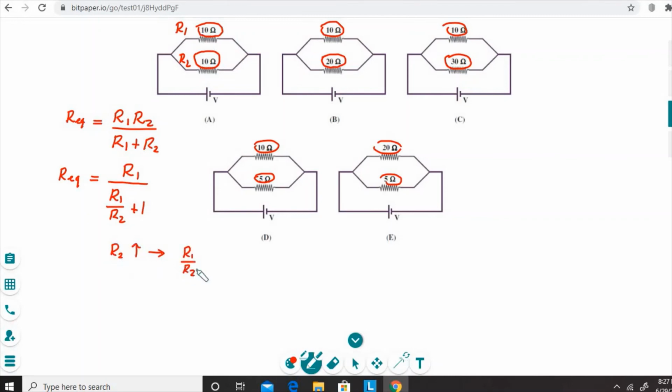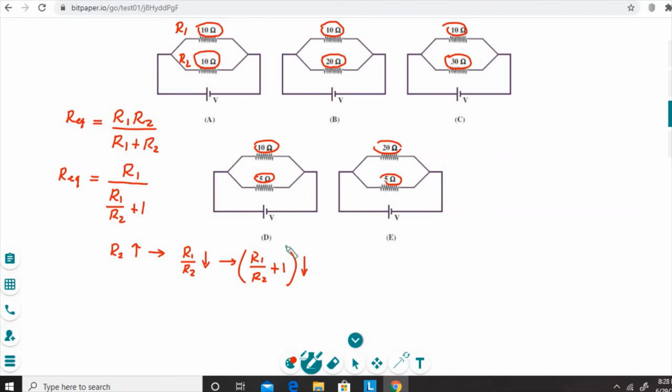If R2 is increasing, then the R1 over R2 ratio is decreasing. So that means this denominator, R1 over R2 plus 1, is also decreasing.